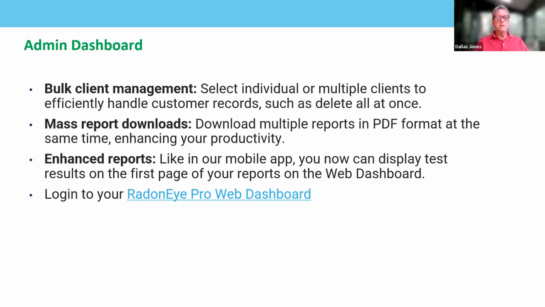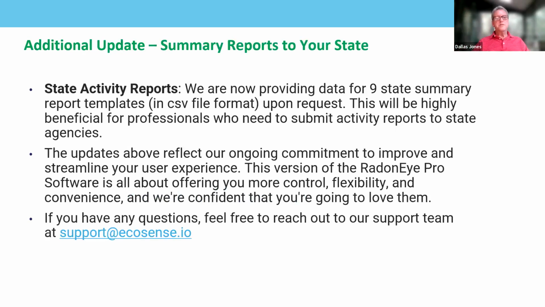So that's it. David's already kind of shown you the dashboard. I do want to show you what we've done too. This is something that was really important for me. There are states that you need to report your activity reports into the state licensing program.